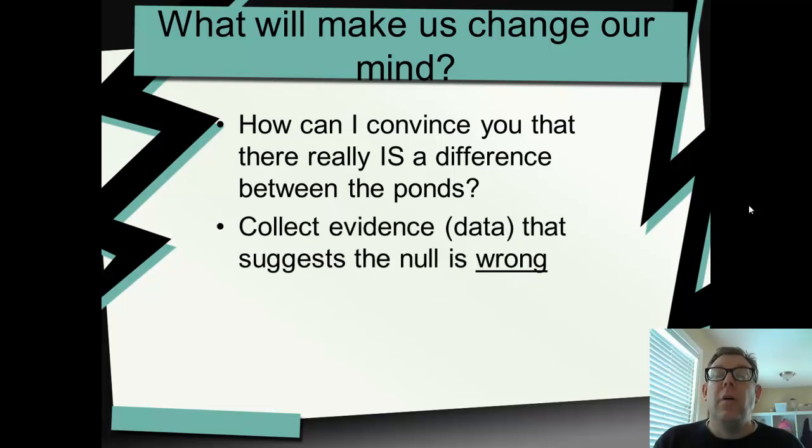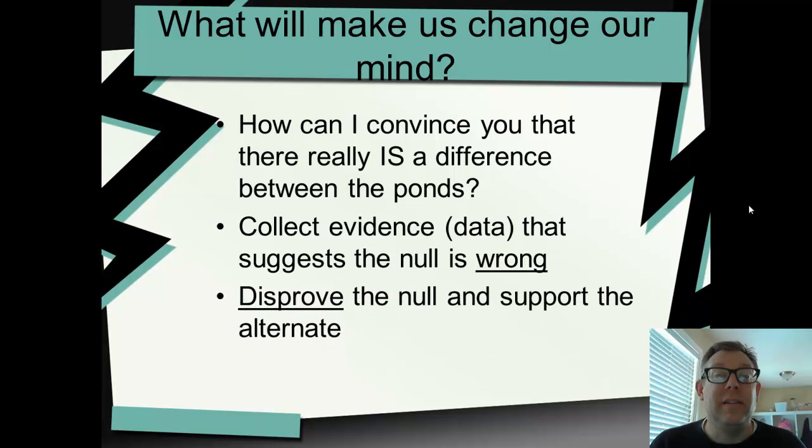Well, of course, what we want to do is collect evidence or collect data that suggests that the null is wrong. That's how I'm going to try to get you to change your mind. I'm assuming that there's no difference, but I'm going to try to collect data that suggests there really is a difference.